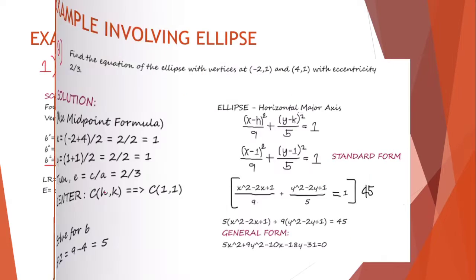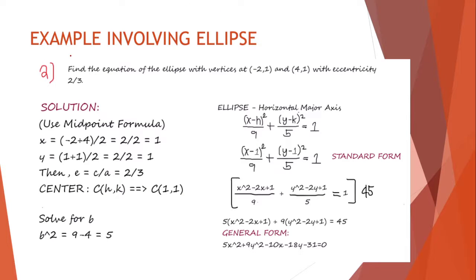Next, another example involving an ellipse. Find the equation of an ellipse with vertices at negative 2, 1 and 4, 1, with eccentricity 2/3. Solution: we are going to use the midpoint formula because the center is not given; it is not indicated here. We add negative 2 and positive 4, all divided by 2, and for the y's we have 1 and 1.